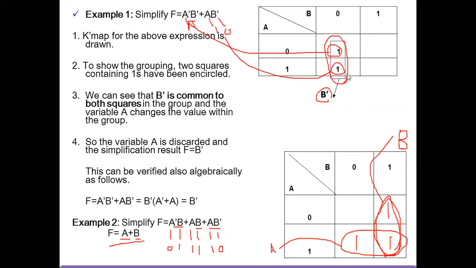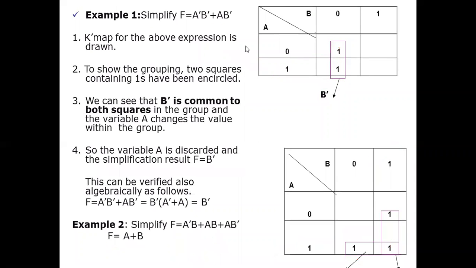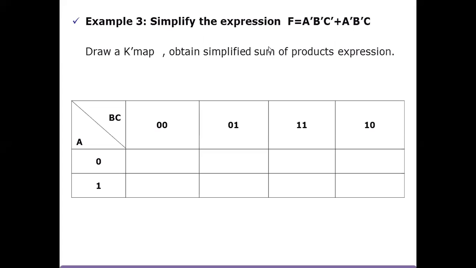Are there any problems? Others? Any other problems? So let's proceed. So this is the answer for the example we discussed. And you have another example. Can you do this? So this has 3 variables.